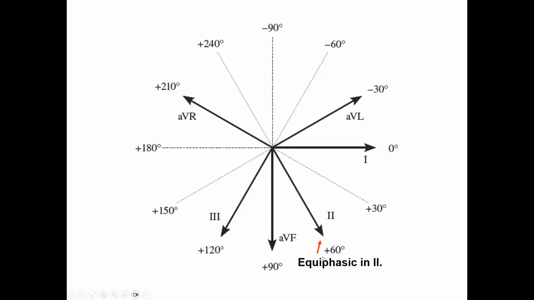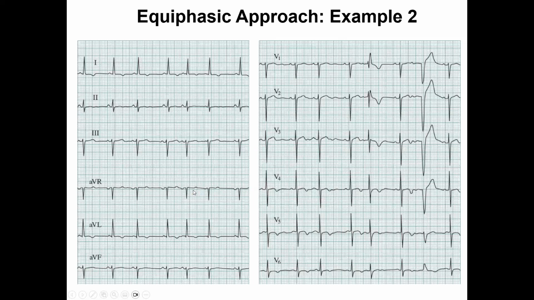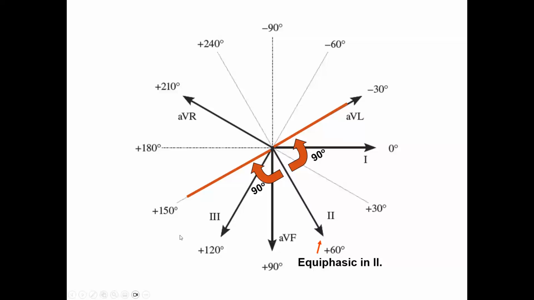It means that equiphasic lead 2, plus 60, gives minus 30 and 150. How can we choose? We can look at lead number 1, it doesn't matter, or you can choose a different one, positivity in AVR, doesn't matter. That means you are on the left side, and because you are on the left side, perpendicular to lead number 2, it has to be minus 30. Okay?